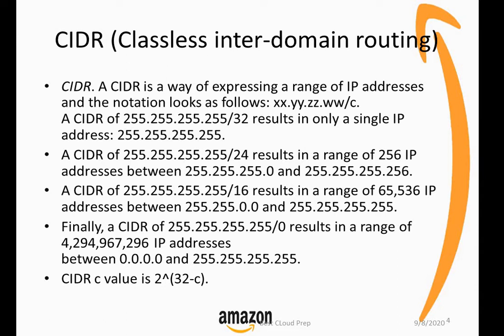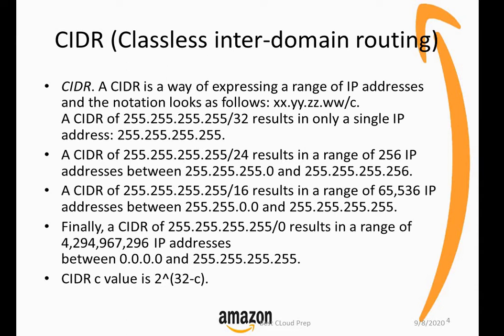So it's like 255.255.255.255/32. This will result in only one IP address, and that is 255.255.255.255. But if you look at /24 and /16, accordingly, you will get 256 IP addresses for /24, and for /16 you will get 65,536 IP addresses.